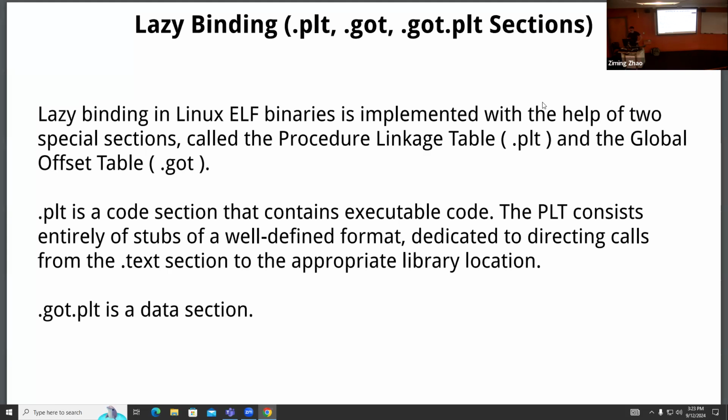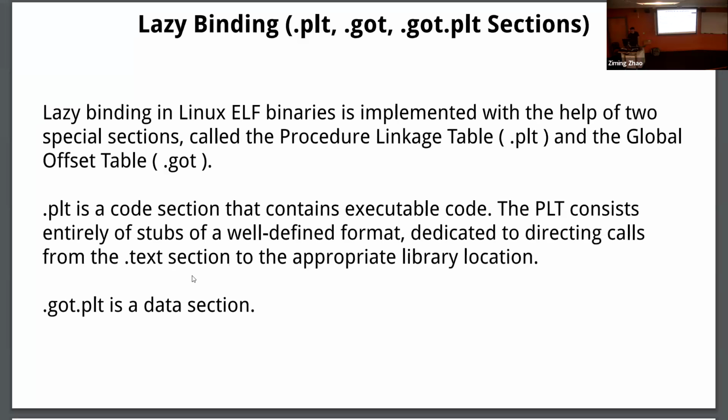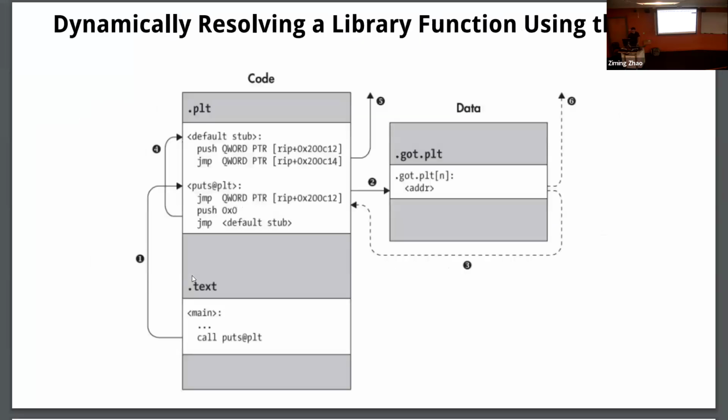One is called the procedure linkage table, .plt, and another one is the global offset table, GOT. The GOT actually has a subsection for the PLT, so it will be .got.plt. That section is actually part of the data section. I think I have a demo for that.